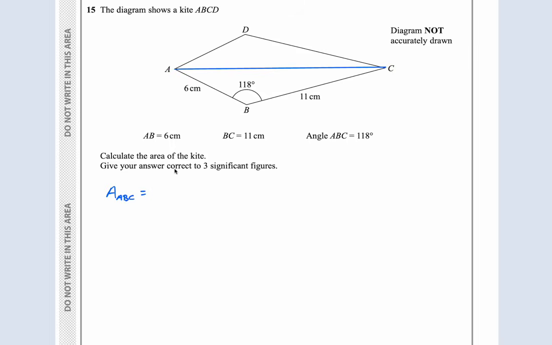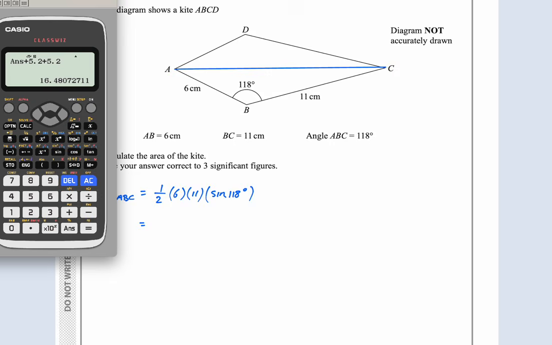is equal to, this is the formula from the formula booklet, a half times 6 times 11 times sine of 118 degrees. A half AB sine C, that's in the formula sheet. So let's just do this on the calculator.